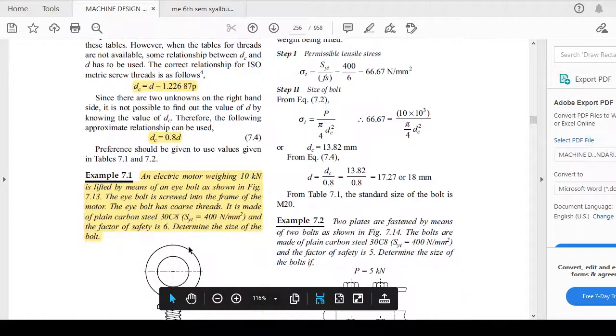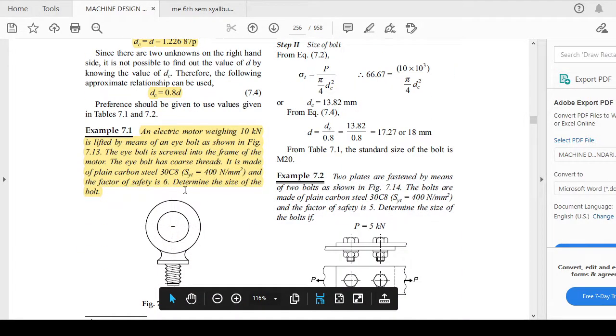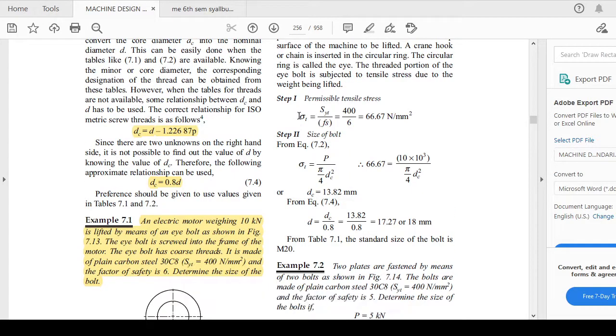Let's see one numerical for the same. As you can see in the picture, you have to calculate the size of the bolt, and they have adopted two formulas. Sigma T equals S_ut by Fs gives the permissible stress, and the formula for the bolt is sigma T equals P divided by pi by 4 DC square. Put in the value of sigma T; you know the value of P, which is the load, and you have to calculate the diameter DC.